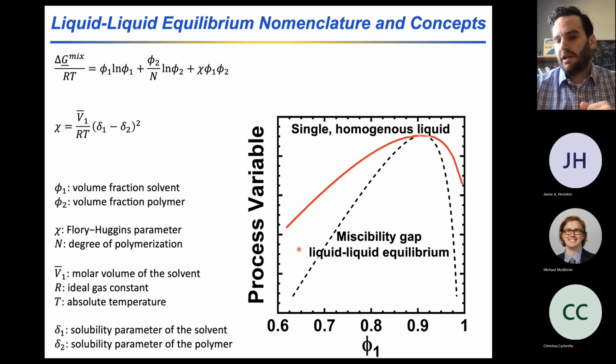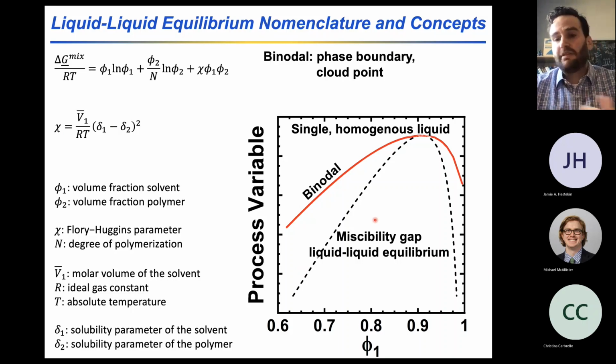And so we'll talk about the red line and the dashed line, but in this miscibility gap is where we have liquid-liquid phase equilibrium. And so this red line is what defines the phase boundary. It's the binodal. And when we make measurements of cloud points of casting solutions, those cloud point measurements are establishing the binodal of the phase diagram.